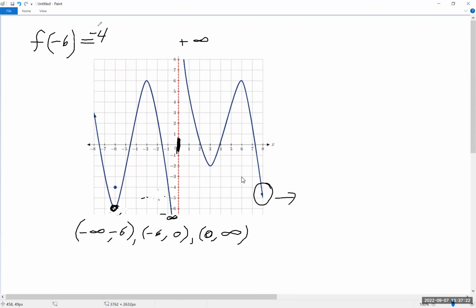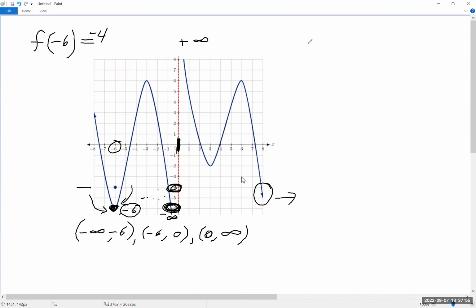And so we're interested in what we are approaching as we move towards the -6 from the left. Well, we're getting closer to this point, even though the actual output is up here. We're approaching this, just as when we're coming from the right, we're also getting close to the -6.